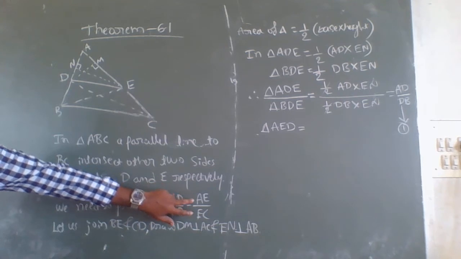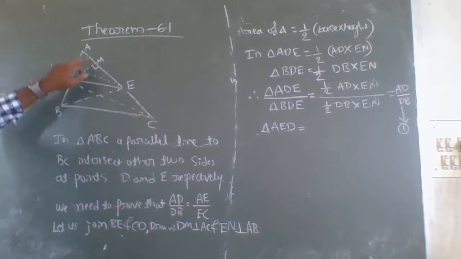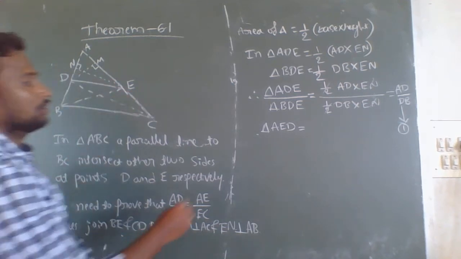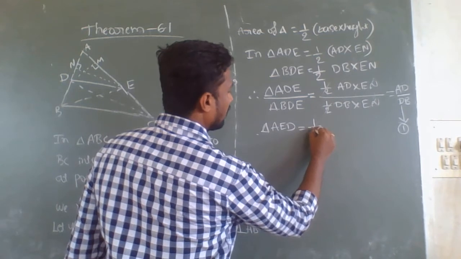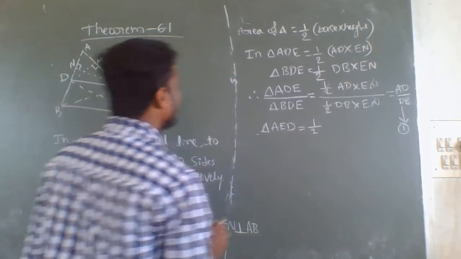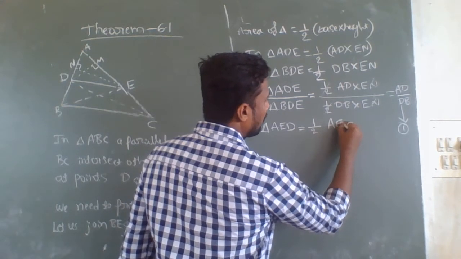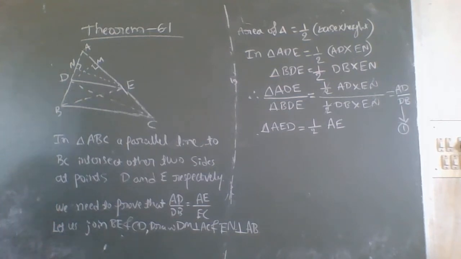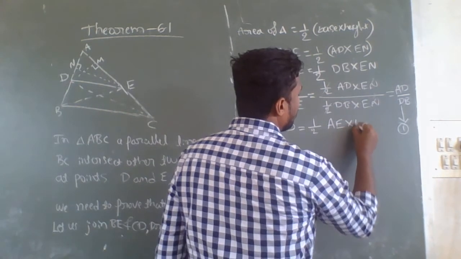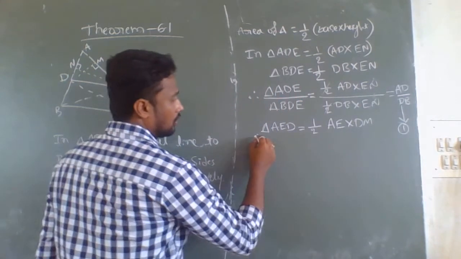Here I have to prove AE by EC, therefore I will consider AE as the base. Therefore, the area of the triangle AED is equal to 1 by 2 into base AE, and height. Here I will consider the height as DM, because this line DM is perpendicular to AC. Therefore DM is the height: AE into DM.